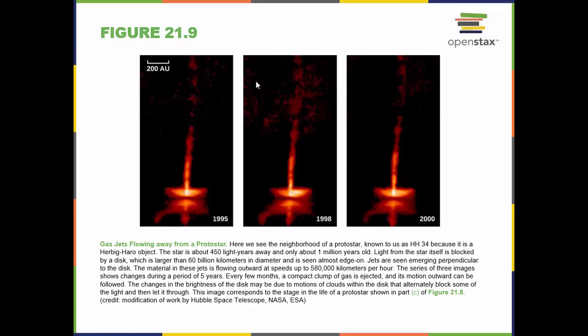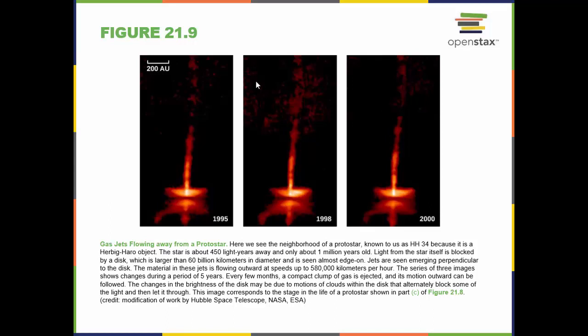So here we see these gas jets that are flowing away from a protostar. These pictures show the neighborhood of a protostar known as HH34 because it's a Herbig-Haro object. And this star is about 450 light years away and only about 1 million years old.